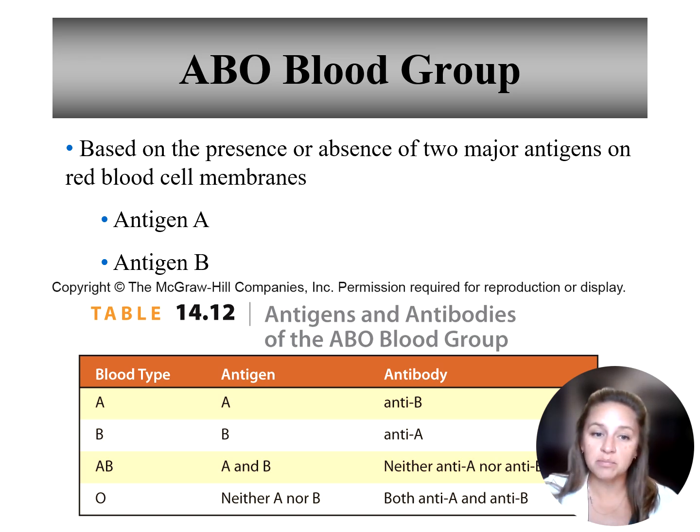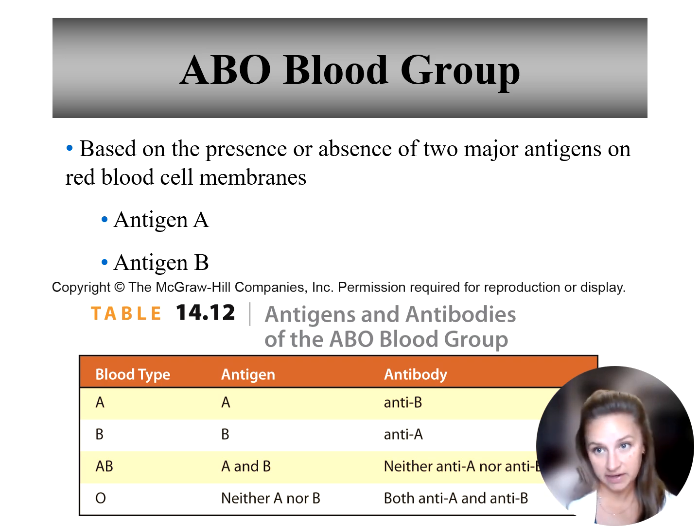If you are blood type B, that means you have the antigen B and you have anti-A antibodies. If your blood type is AB, that means you have both A and B antigens and neither anti-A nor anti-B antibodies. And if you're an O blood type, then you have neither A nor B antigens and both A and B antibodies.